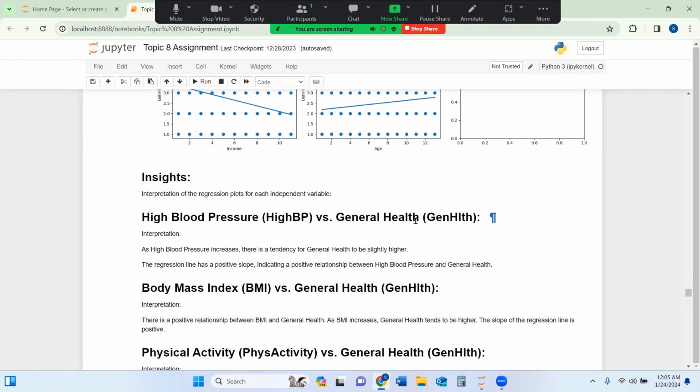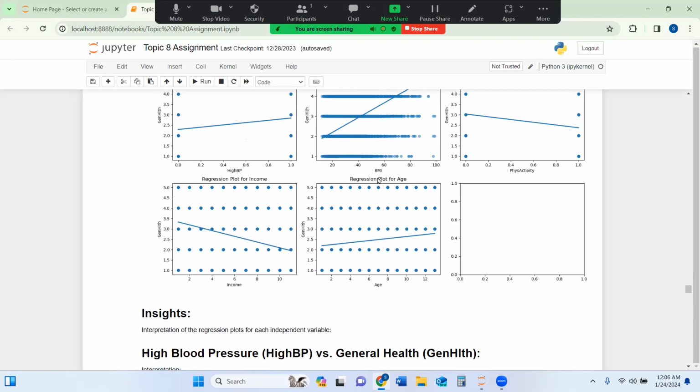And the linear relationships follow a general linear trend supporting the assumption of linearity.